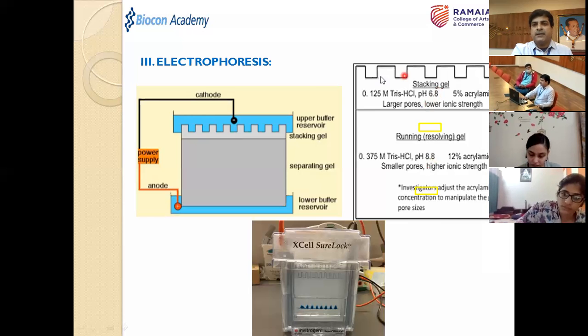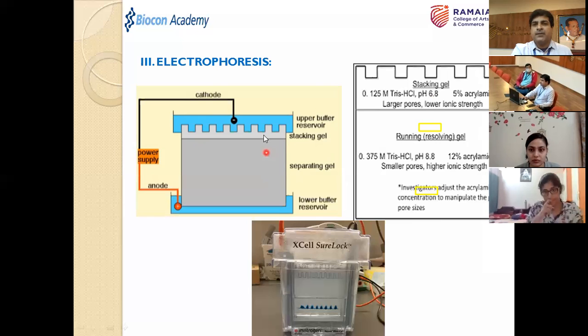So you are loading, these are the wells, there's a comb, and then as I said, you are mixing all the contents required for polyacrylamide gel. As soon as you add ammonium persulfate followed by TEMED, immediately you have to load. You make two beakers, one for the separating gel, and these two beakers are different with respect to the amount of acrylamide, which determines the pore size.